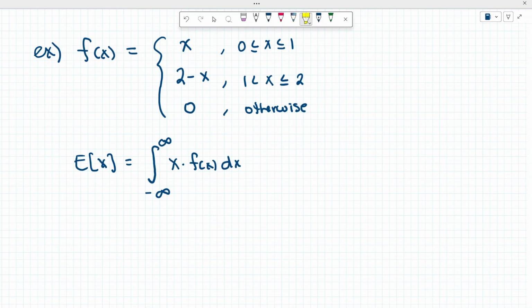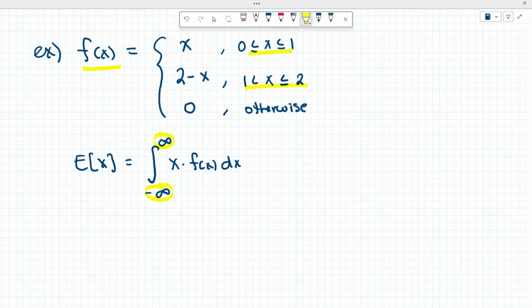But what about our integration bounds? In our general example here, we have negative infinity and infinity. However, for our specific PDF, we see that we have bounds on our x. So we can use those bounds as our integration bounds, and we actually have to separate this integral because we have these specific bounds.